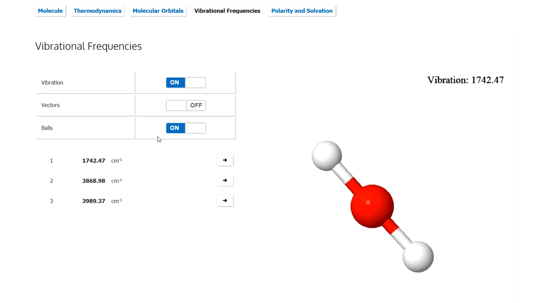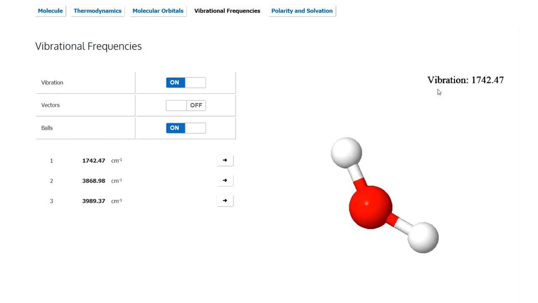The calculated wavenumber is 1,742, again, these are calculated. The true experimental ones are a little different, but roughly 1,742 waves per centimeter. That wavelength is in the infrared region.